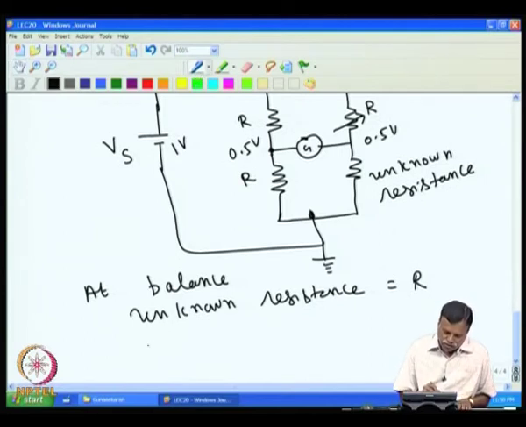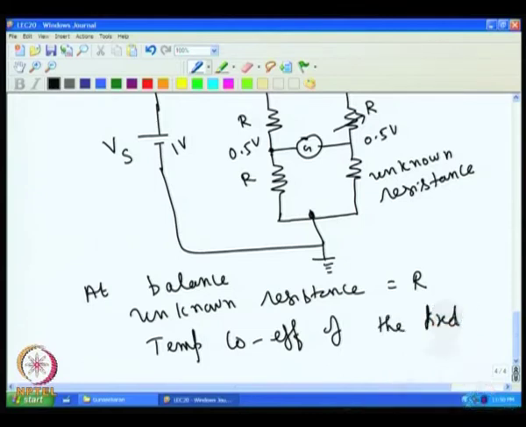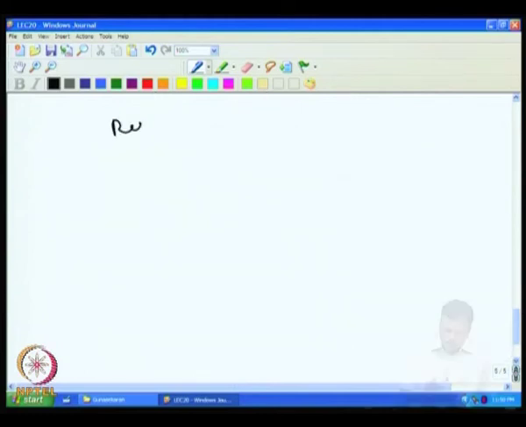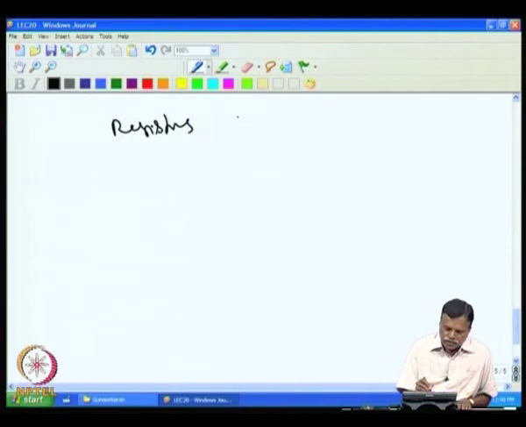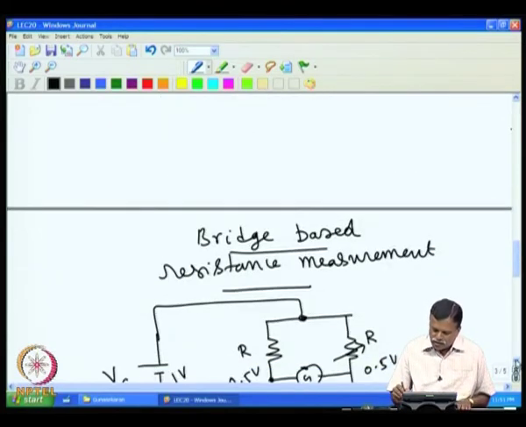So, the temperature coefficient of the fixed resistors is equal to 10 ppm per degree C. So, with temperature the resistance change is very small.